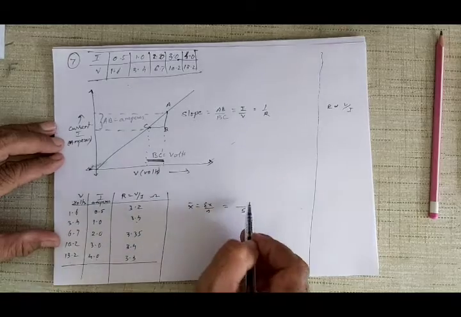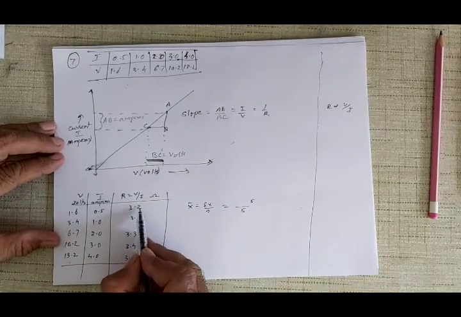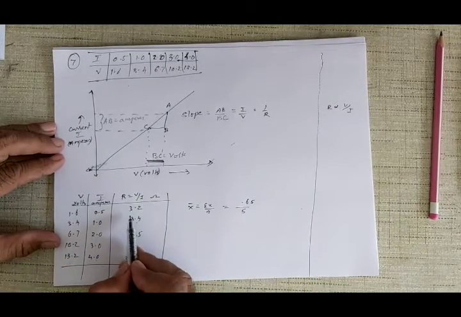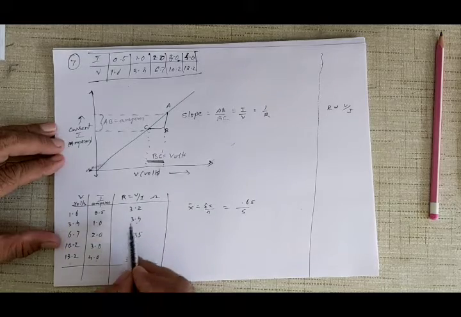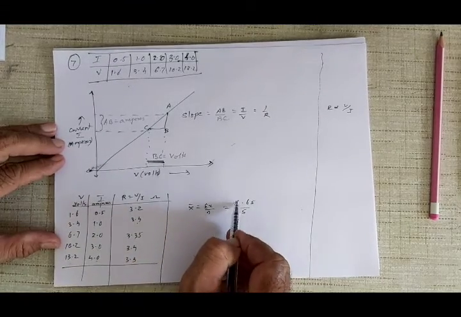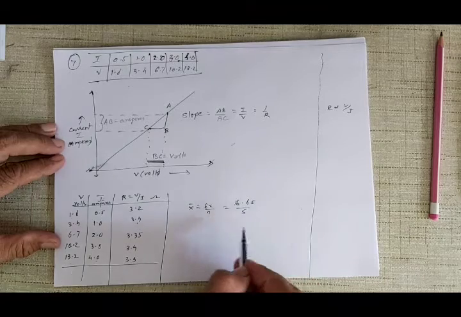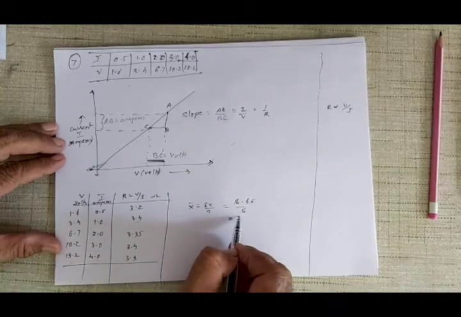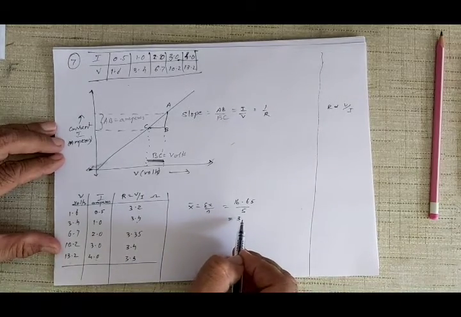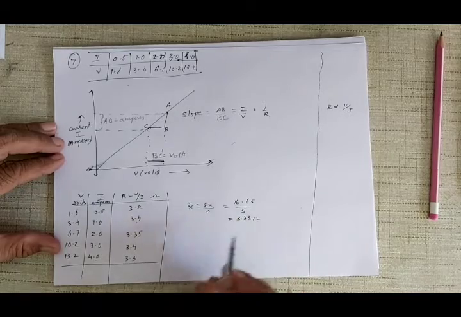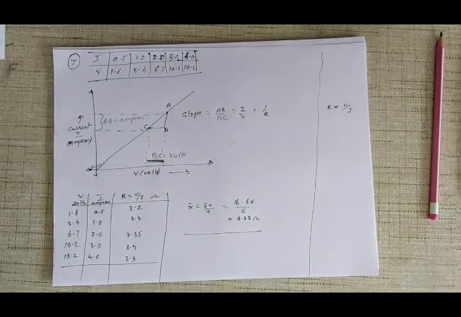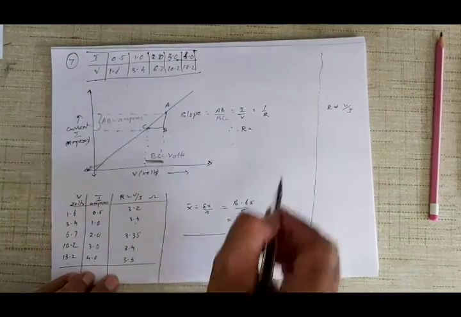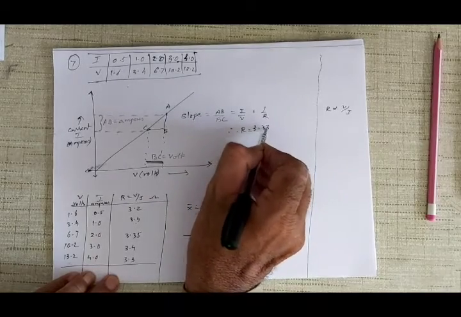So you get 16.65. अब ये 16.65 को 5 से डिवाइड करो और you get approximately 3.33 ohms. अगर slope निकालेंगे तो भी ये 3.33 ohms आएगा.